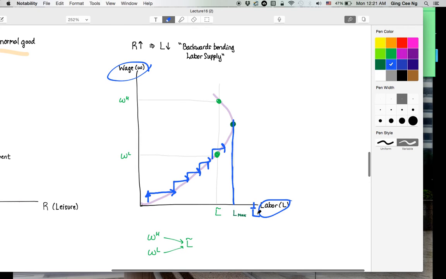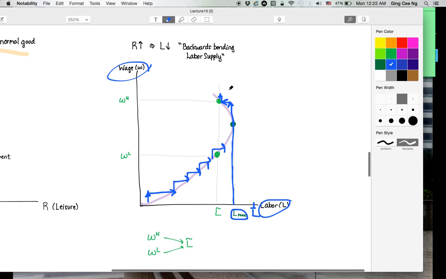There might be a point at which the worker just says, look, it doesn't matter how much more money you pay me, I'm just not going to work more than 100 hours a week. And so even if you're offered a higher wage, you may actually start working less. Why would you work less? Why don't you just keep working at this L max?